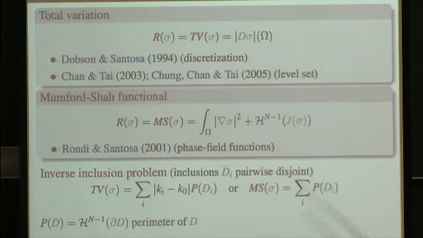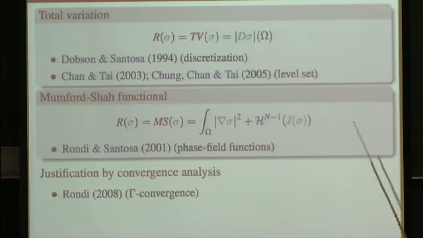And if you use the inverse inclusion problem, then this goes down in both cases essentially to a perimeter penalization, maybe weighted or not, but essentially this is a perimeter penalization, which is very common in this field. What is more important maybe is that the use of this kind of regularization has been justified rigorously, by a variational analysis essentially based on gamma convergence.